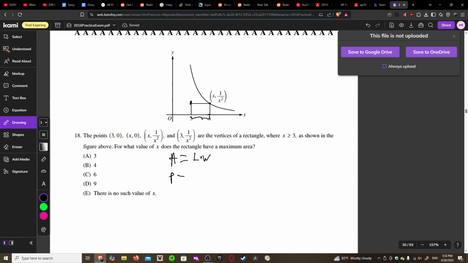The perimeter is 2L plus 2W. We're looking for length, so I can just plug it into here.